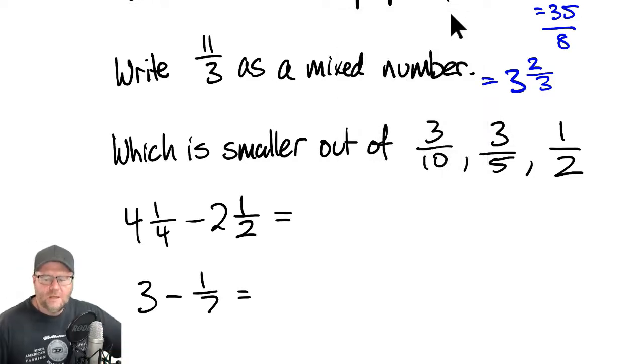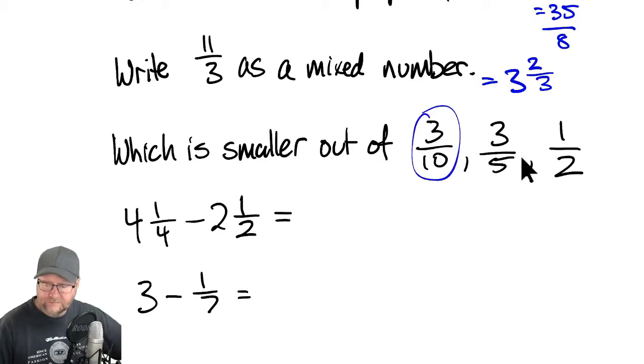You guys are amazing. Which is smaller out of these? Well, the best way to do this would be to convert them all to equivalent fractions, and then we can compare those. So I'm going to leave the 3 out of 10 as it is. 3 over 5. Now, to make this with a denominator of 10, I have to multiply the 5 by 2, which I have to do the same to the top. So that will be 6/10.